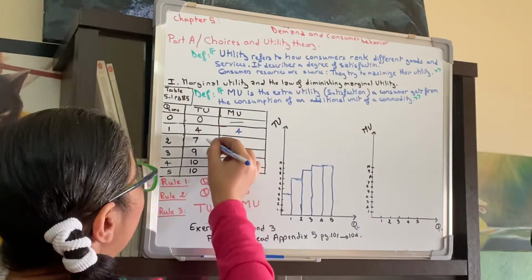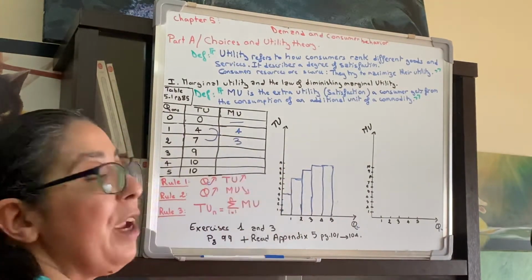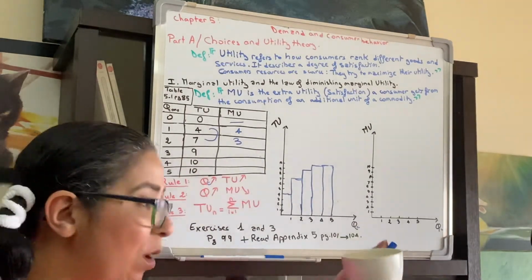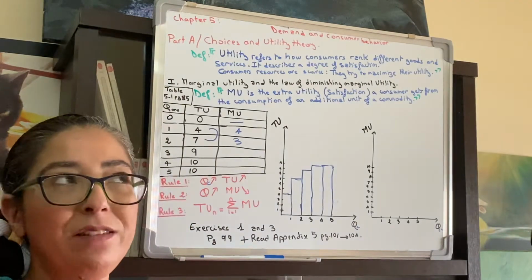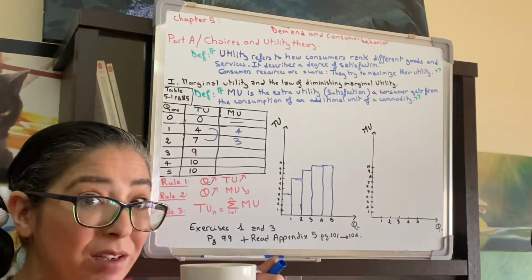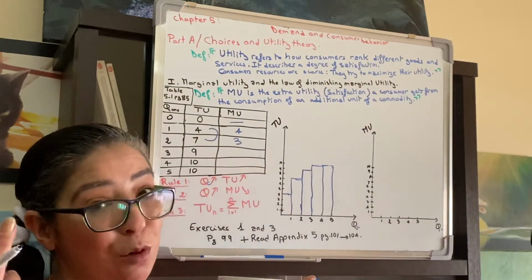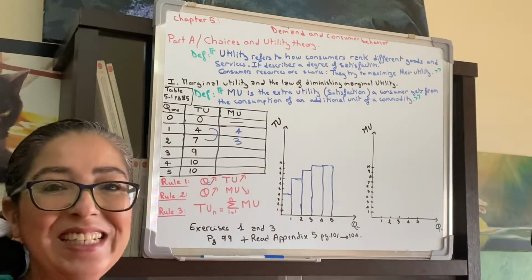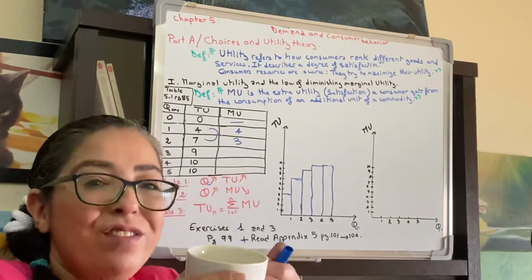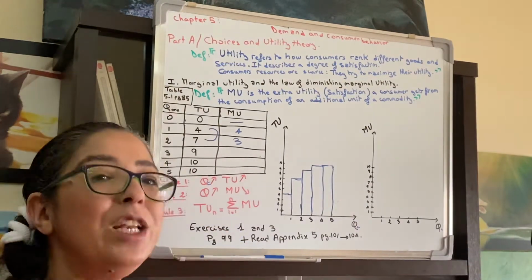You do this one minus this one. If the first one brought me 4, 2 of them brought me 7, that means the second one brought me 3. 3 plus 4 gives me the total utility I got for 2. That's the extra, the additional satisfaction I got from consuming 1 extra unit of coffee.